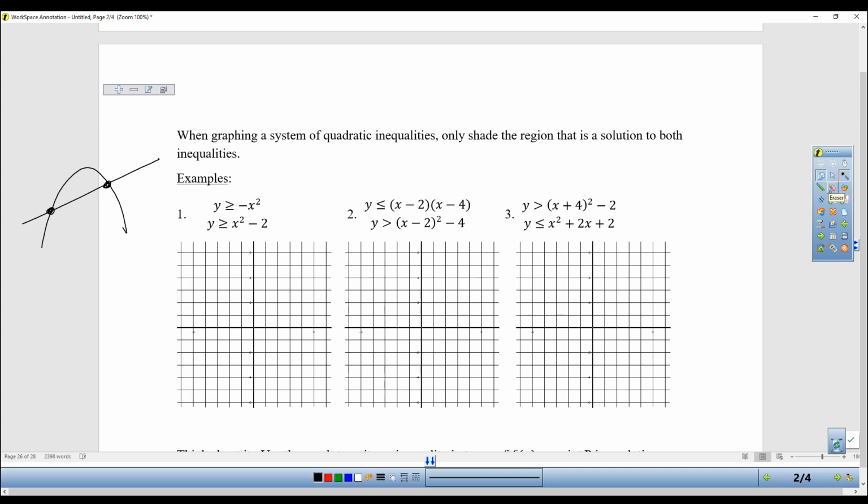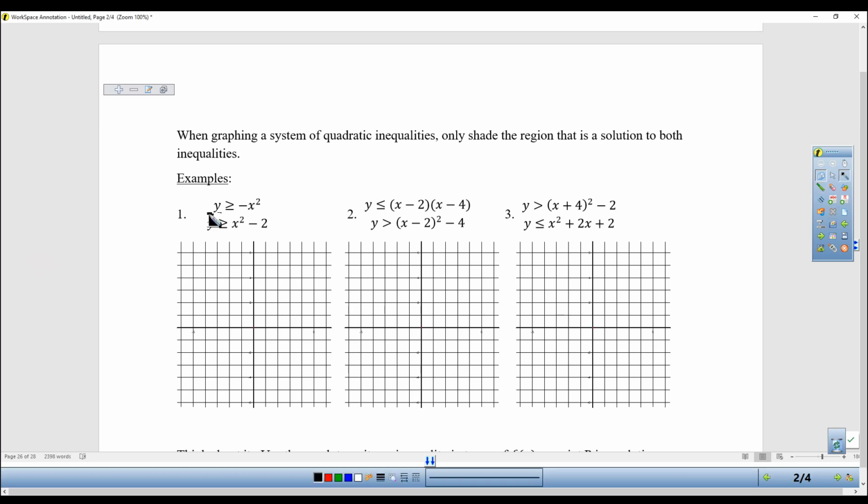But now all of a sudden, we're going to have a whole shaded region and another whole shaded region. And now the answer is going to be its own shaded region. This is where the blue and the yellow intersect. We'll actually do it, and then you'll see.